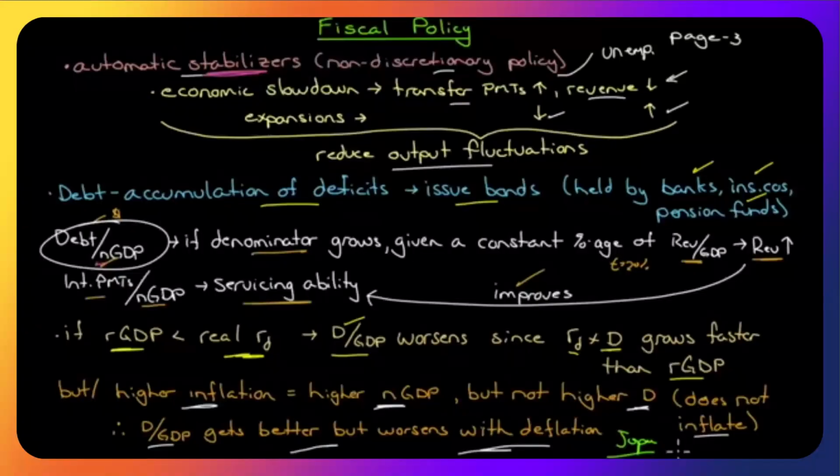Because if they have deflation, their debt to GDP ratio, which is over 200%, would get really bad really fast.